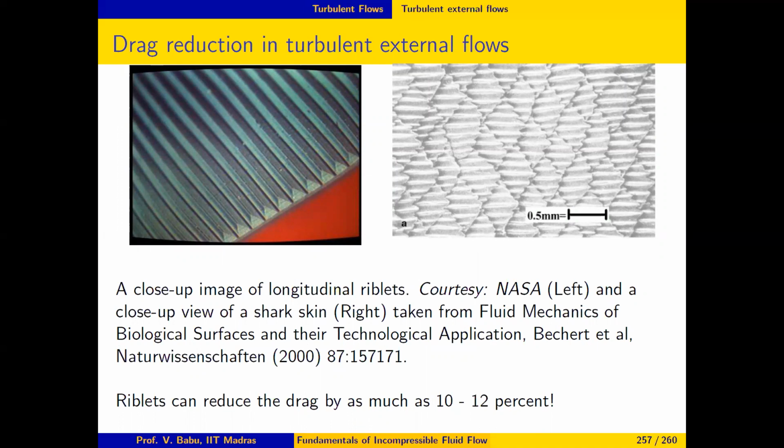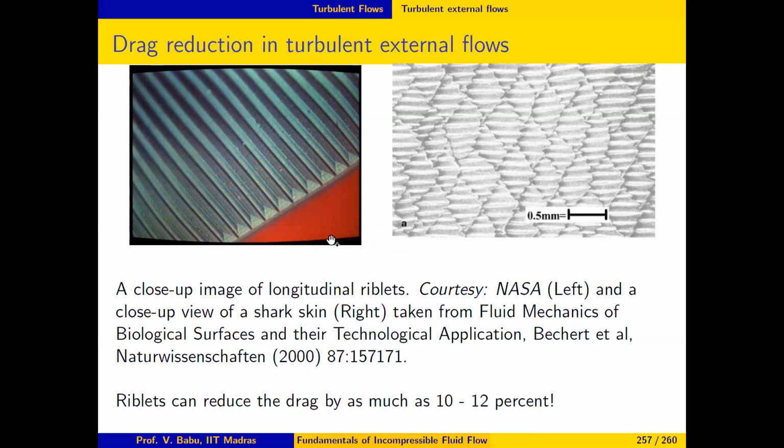Because turbulent flows occur so ubiquitously in nature, means of reducing drag in such flows are of tremendous interest in engineering applications, because that will reduce the power required either to keep an object moving at a certain speed, like for example an automobile or an aircraft, or to pump fluid through pipelines, like for example water or oil flow through a pipeline and so on. So techniques for reducing drag are of tremendous engineering interest.